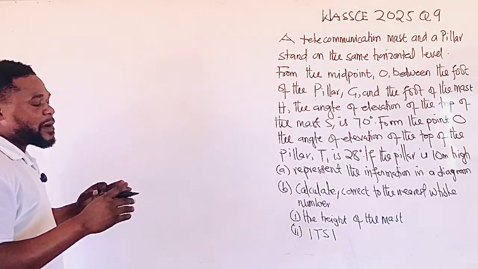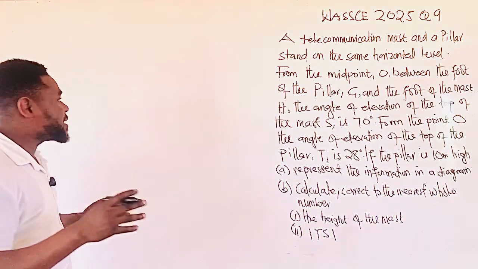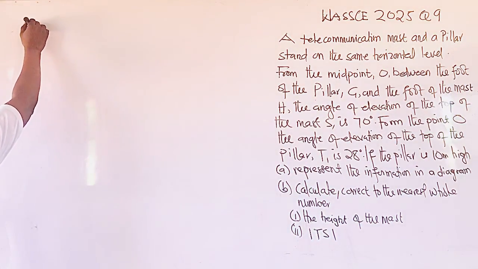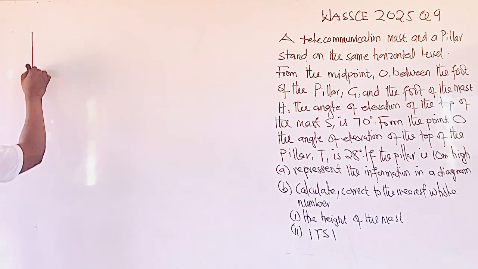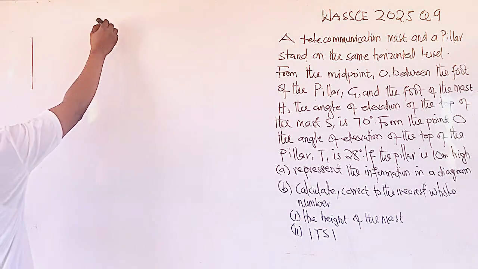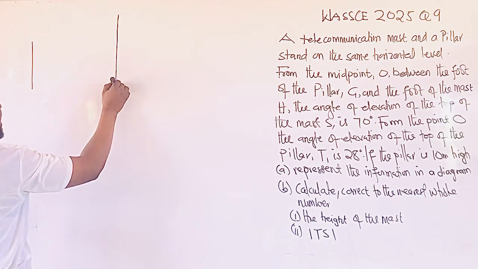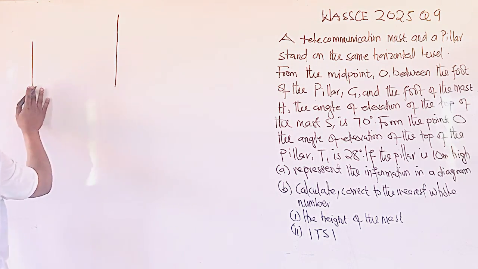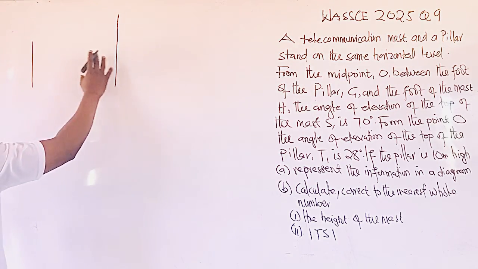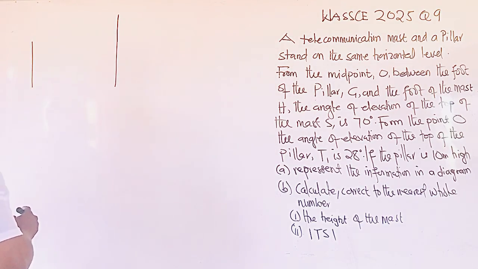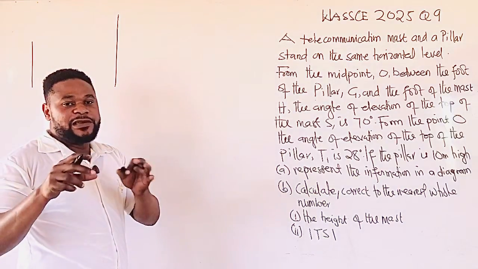Now, we are talking about a pillar and a mast, and we all know that the pillar has to be short and the mast has to be taller than the pillar. So we can have this as our pillar and this as our mast, and O is in between them.